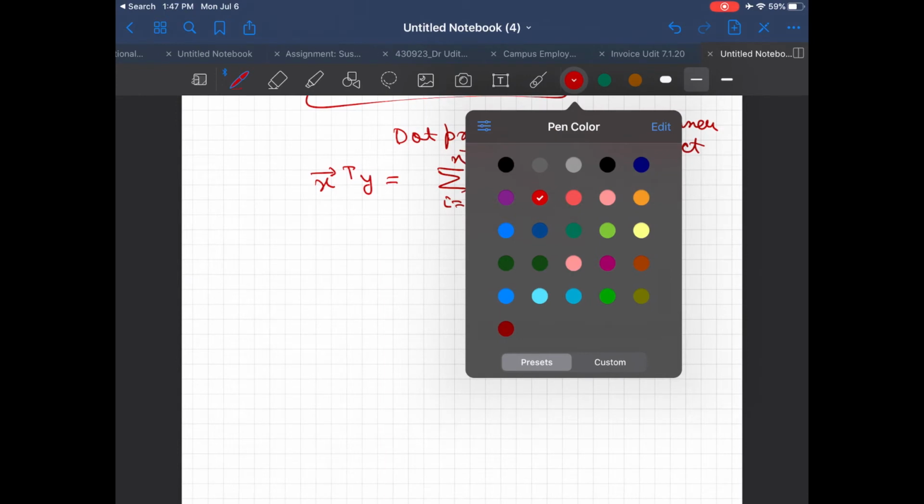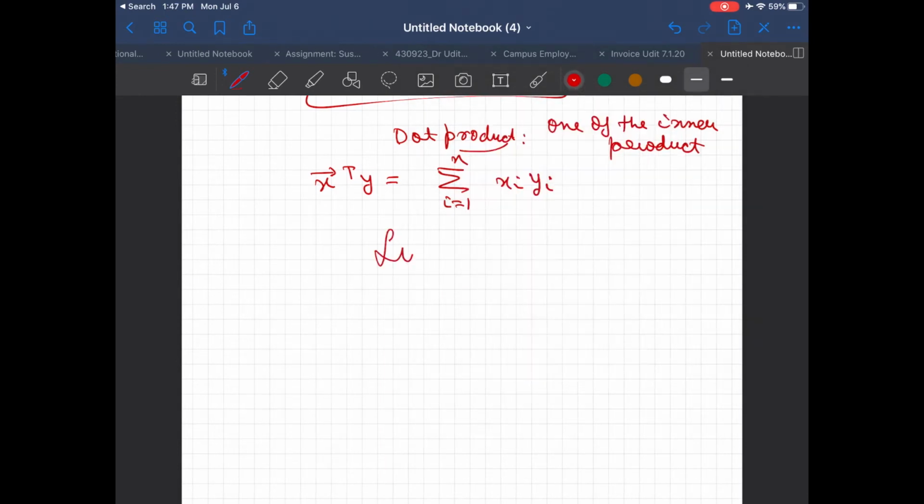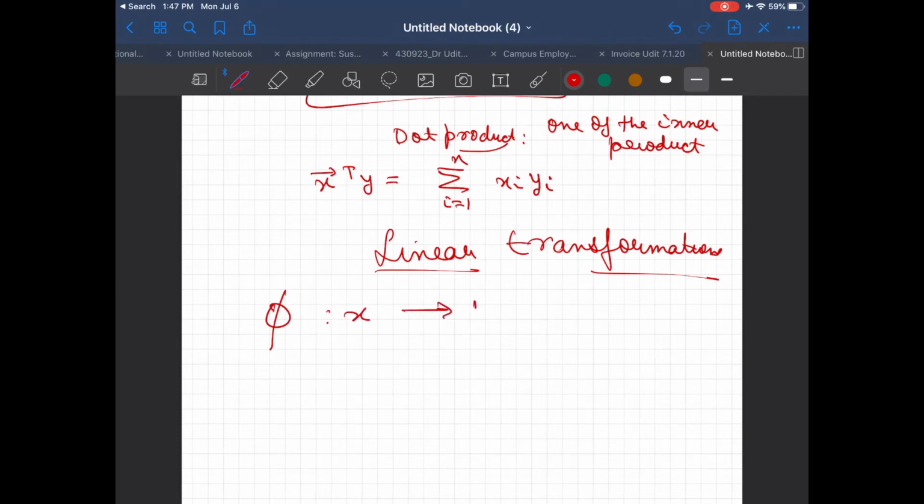Now, if you recall, in our previous sections, we talked about linear transformations, and we were defining linear transformations, that let us say that phi is a linear transformation on x such that the output becomes Ax if we multiply it by some matrix A. We can define bilinear transformations in a similar manner.